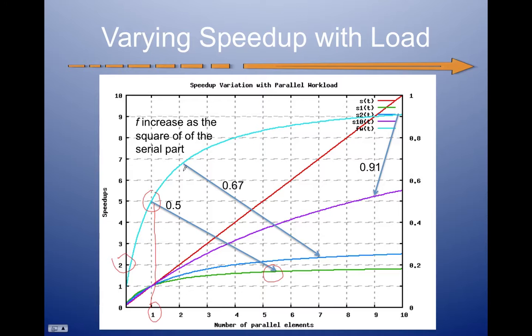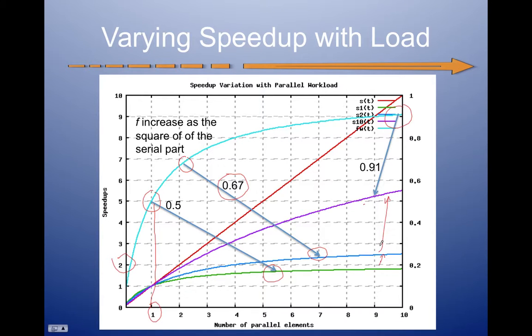But as I increase the size of the problem, I get more and more time spent in the parallel part, and my potential for speedup increases. And if I keep increasing my problem size, my potential for speedups keeps increasing.